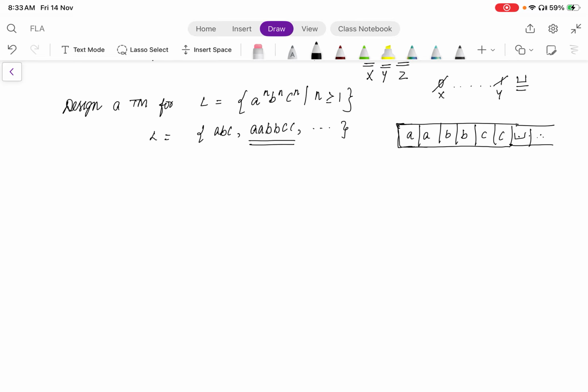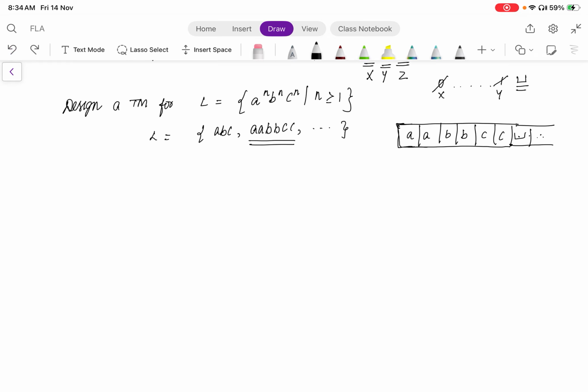In the same way, you first find the first A, replace it by X and keep moving. You will find B, replace that with Y, keep moving, and replace C with Z. In between, you will have any number of A's and any number of B's, so put them all in a self loop. You keep doing this until all of these are done, then move till the blank space and accept the string. So that is the logic.